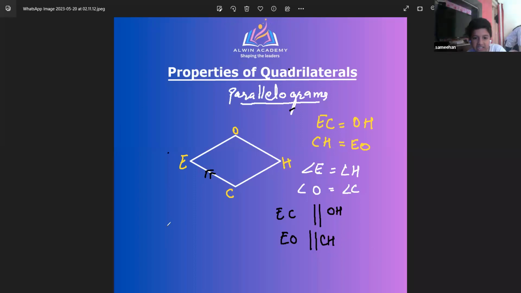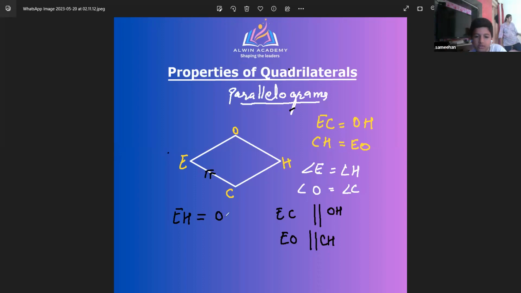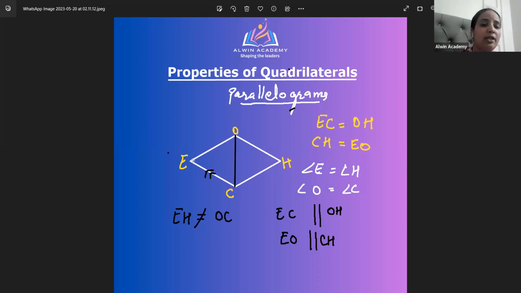EH and OC. And can I say that they are equal? No, ma'am. Very good. EC and OH are not equal in a parallelogram. And it is clearly visible, this one is smaller than this one. So we can clearly see that both the diagonals are not equal.